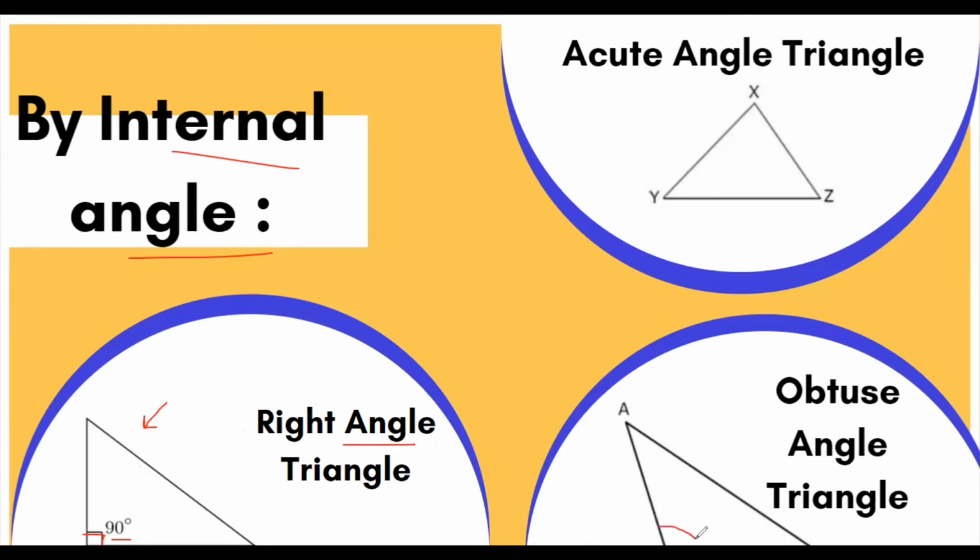Now, if the interior angle is greater than 90 degrees, it would be known as an obtuse angle triangle. If the interior angle is less than 90 degrees, it will be called an acute angle triangle.